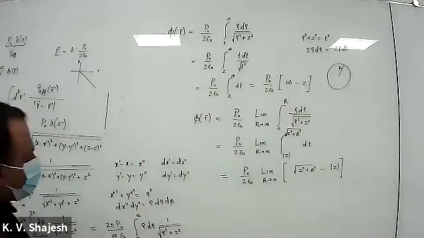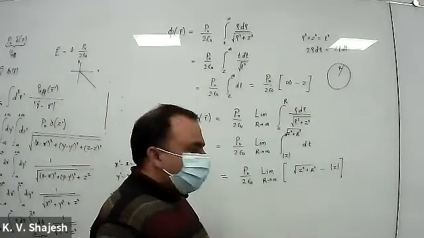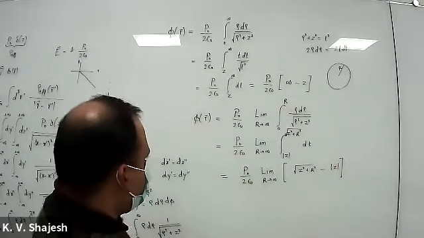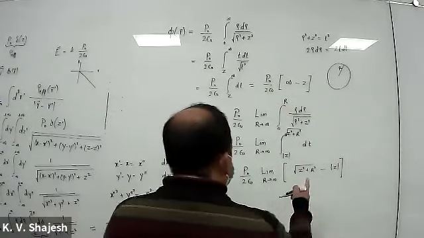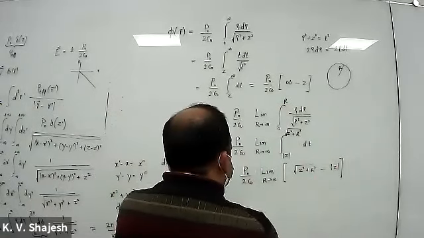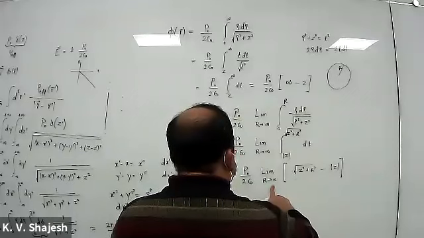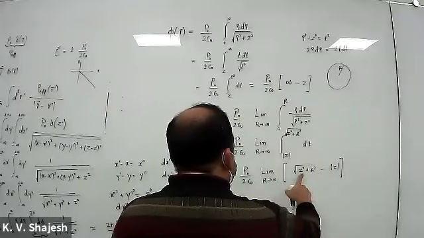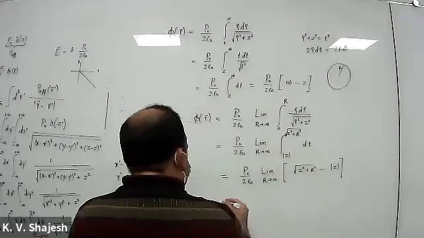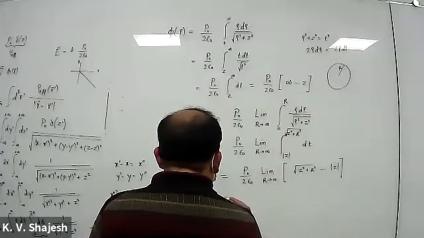Now the key here is that we have to actually take the limit, r has to go to infinity. But now we know how that goes. When r is very large, z can be neglected. So this is r minus z.